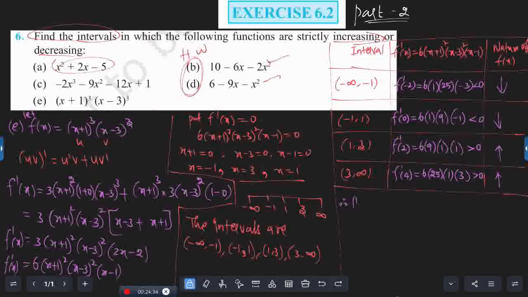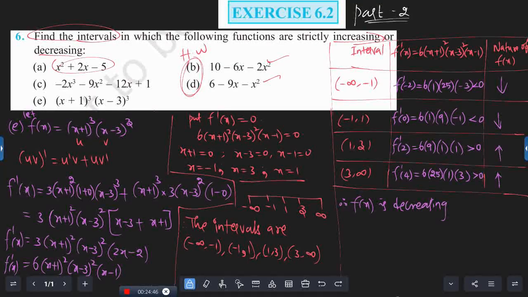Therefore f of x is decreasing on minus infinity to minus 1 union minus 1 comma 1. Okay, these two places are decreasing.